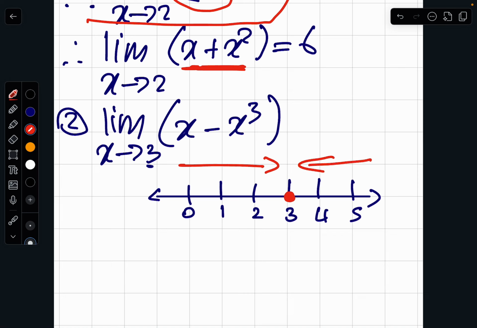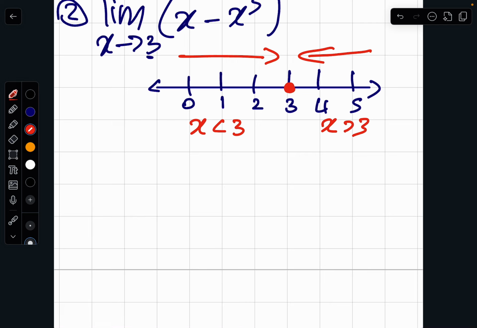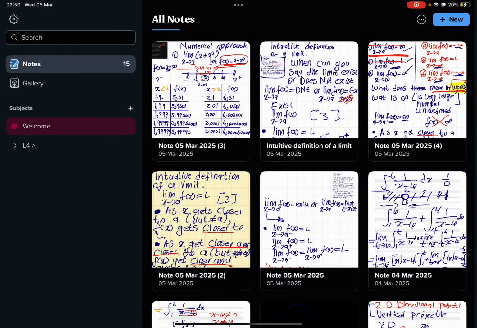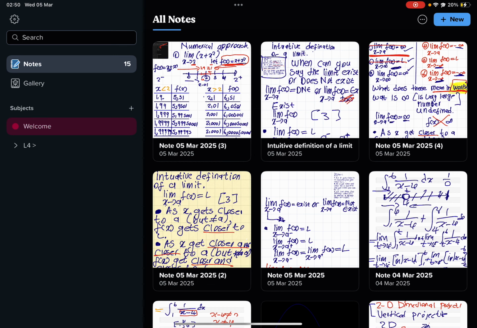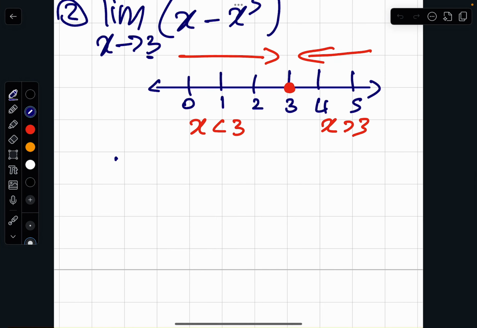When approaching from the left, x is less than 3. When approaching from the right, x is greater than 3. Therefore, you're going to draw 2 tables, one approaching from the left, the other approaching from the right.